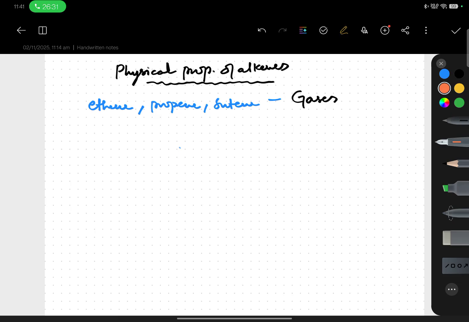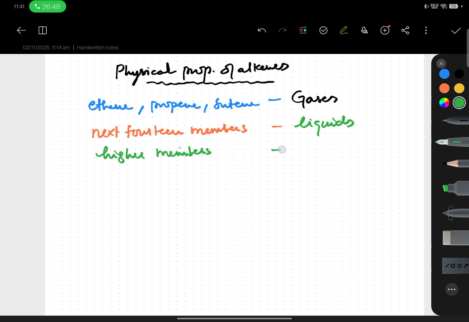The next 14 members, that is from pentene, are all liquids. So higher members are solids. Normally, they are called waxy solids.